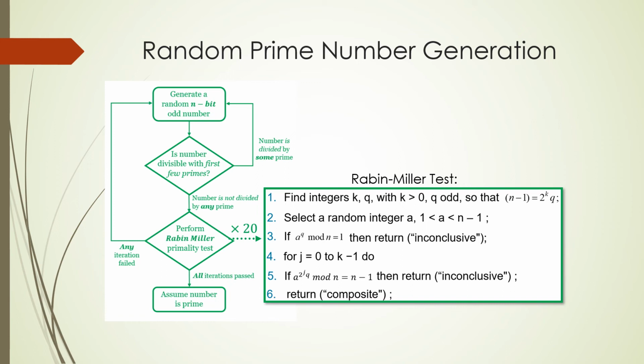Imagine you want to generate a random prime number with n bits. The first thing you need to do is to generate a random n-bit odd number. Why should it be odd? Because obviously if it's even, then it's not going to be prime, because the definition of a prime number is that it should not be divisible by any number but one and itself.